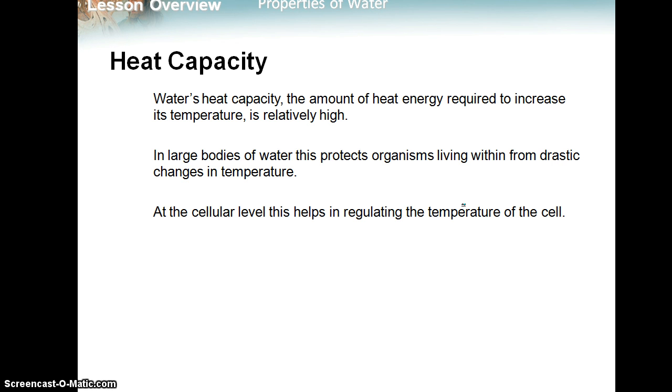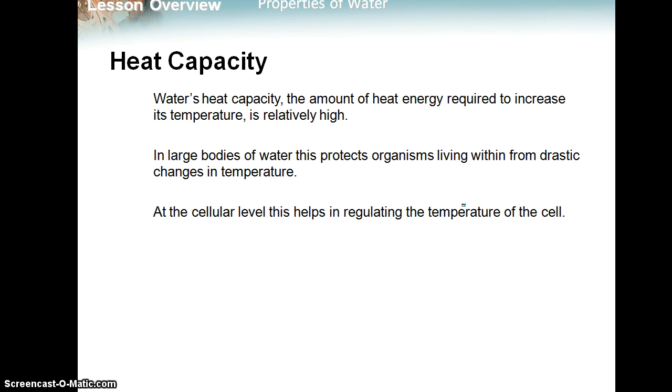Water also has a really high heat capacity, and heat capacity talks about the energy required to increase the temperature of a substance. In water, that's relatively high. Basically, this means large bodies of water are going to hold in the heat for long periods of time. This allows water environments not to have such a drastic change in temperature so that organisms living within them can survive.